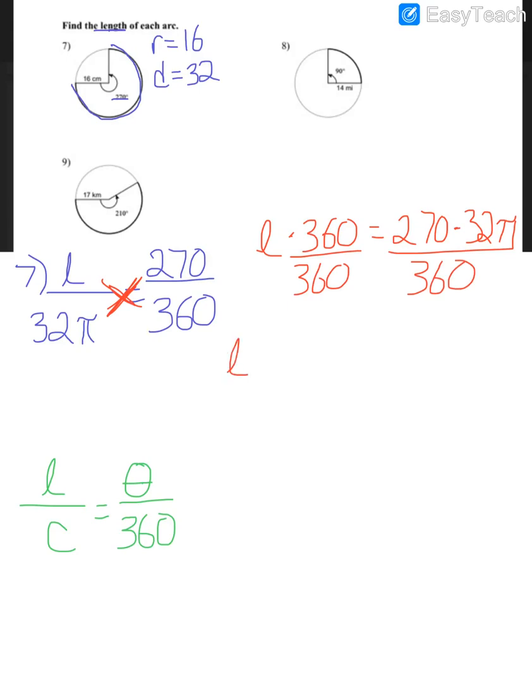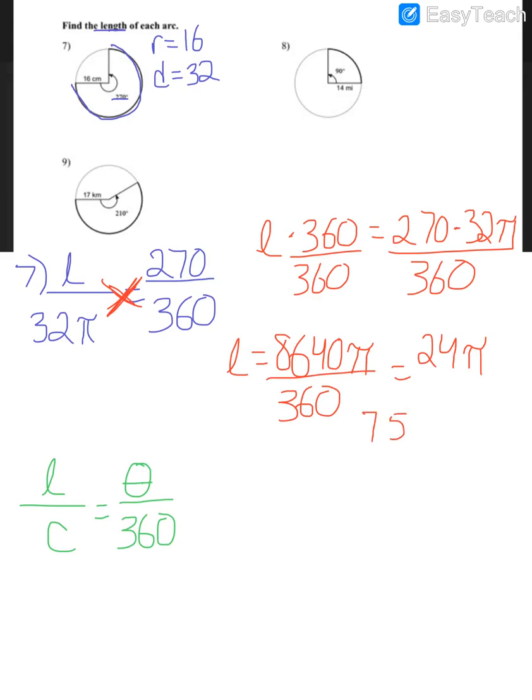So the length is, 270 times 32 is 8,640 pi over 360. You can simplify the fraction, and that would give us 24 pi. And then just multiply that by 24 times 3.14, and you end up with 75.36. And in number 7, it is centimeters.